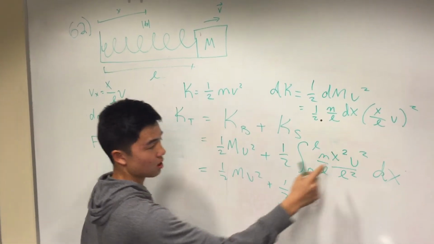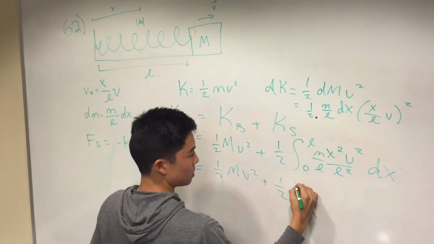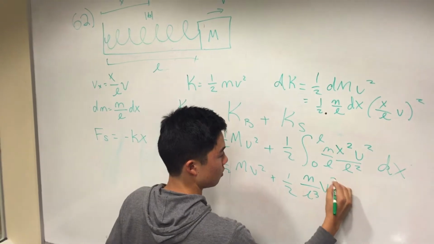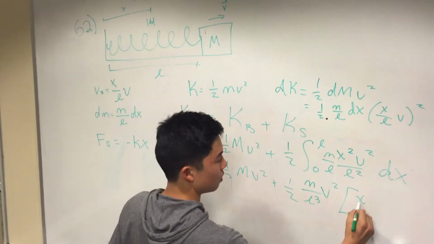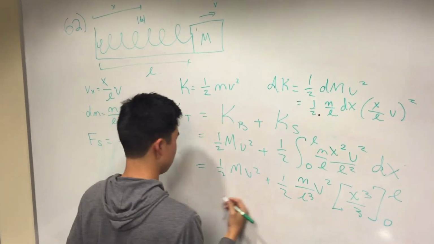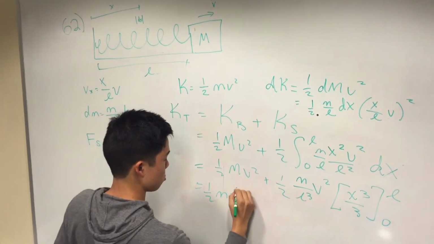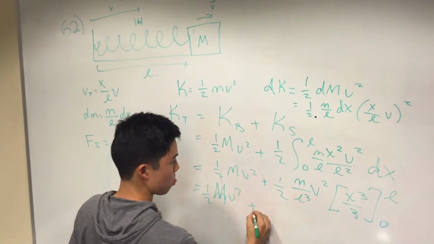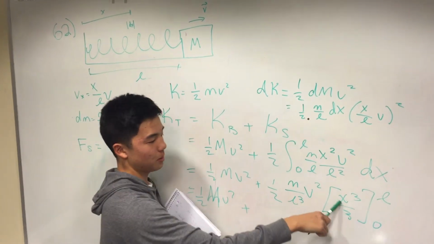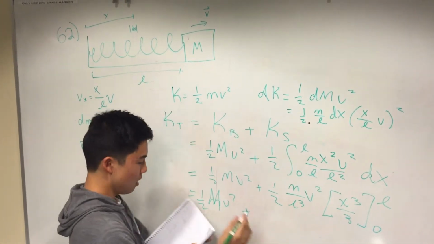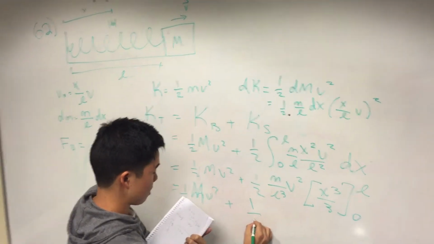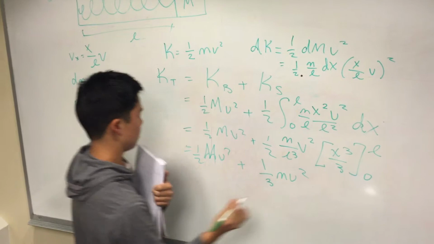Then you have to solve that integral. Everything is constant except for the x, so I'm going to move it out front and integrate for x. You just plug in the L and the 0, and after you do all of the math, this becomes 1/3 mv squared.